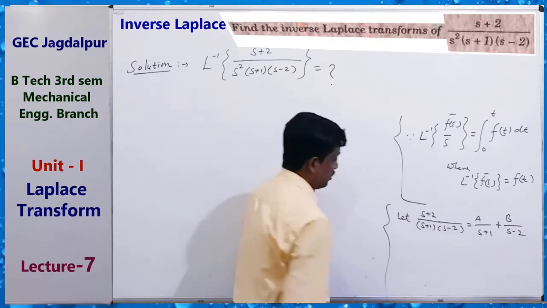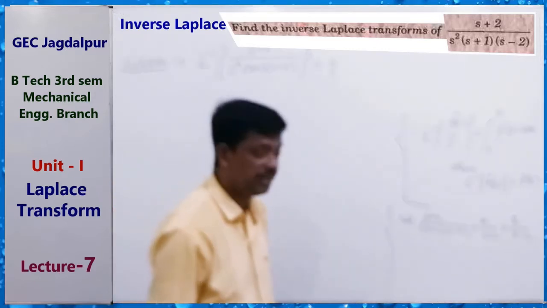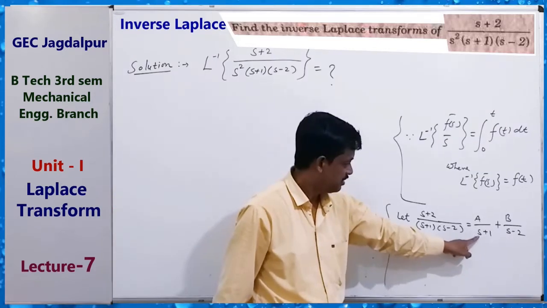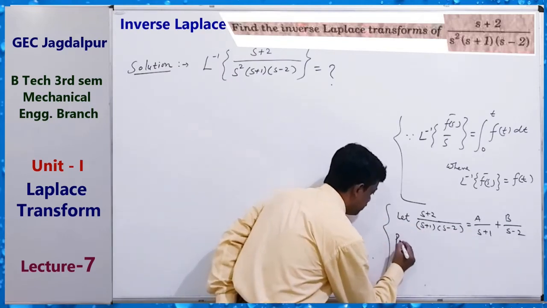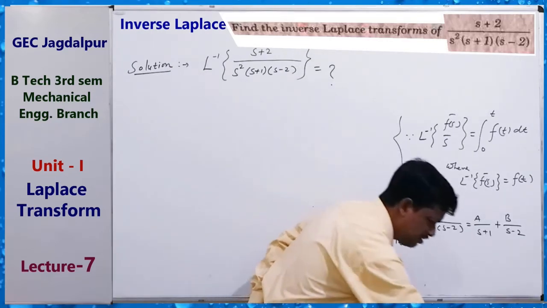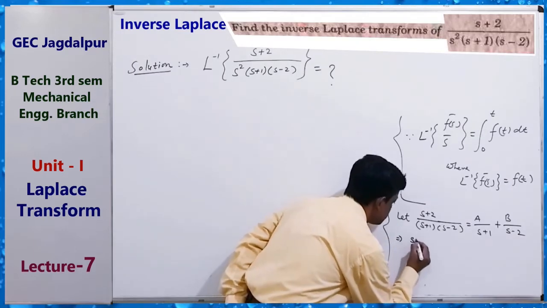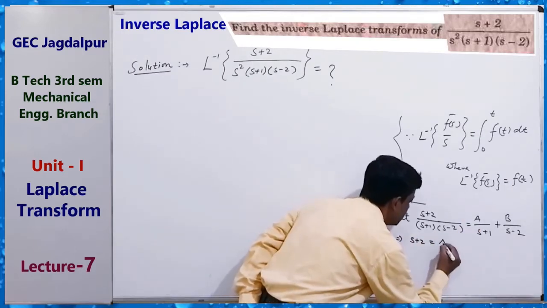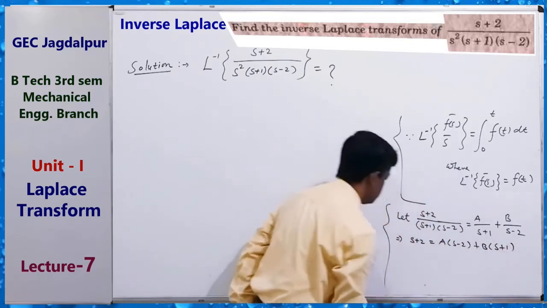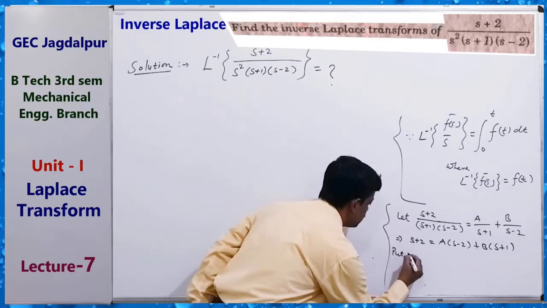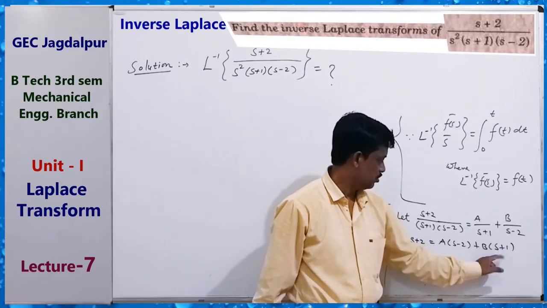Okay, so now for partial fractions, the value of a can be found by putting s equals minus 1. Or you can also write, if there is any confusion, s plus 2 equals a times s minus 2 plus b times s plus 1. So put s equals minus 1, which makes the second term 0.